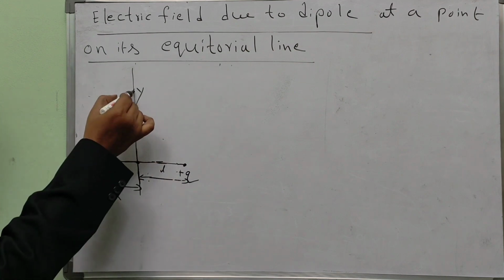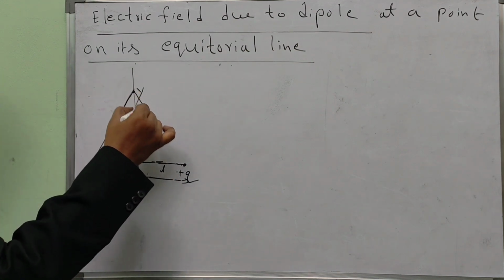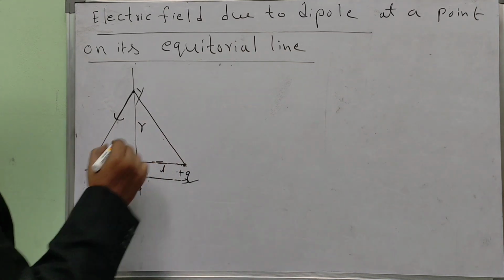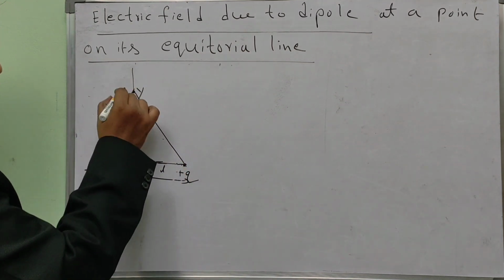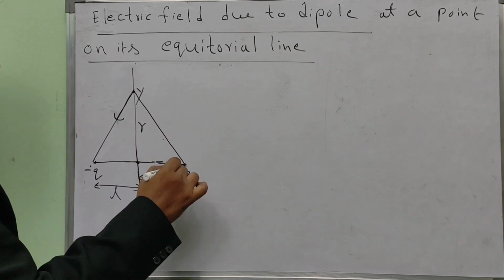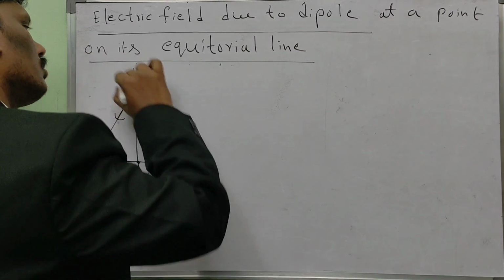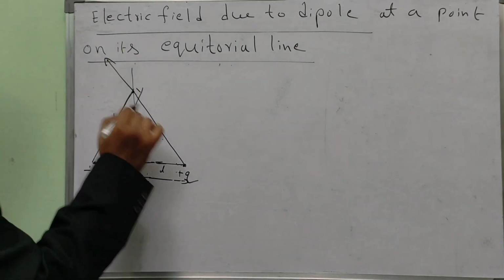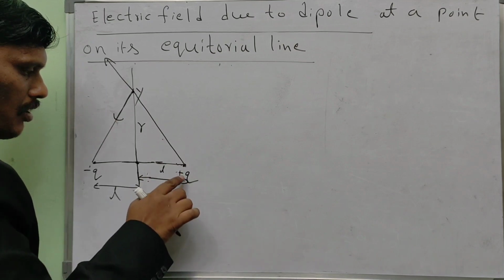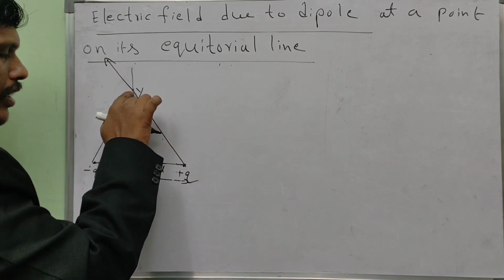Here, the point and charge are just joined, and what is the electric field? Along the line joining only, but since this is the positive charge, it points from the point away from the charge. Because of this positive charge, what is the electric field at this point?